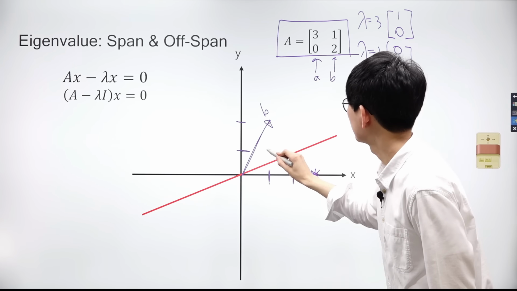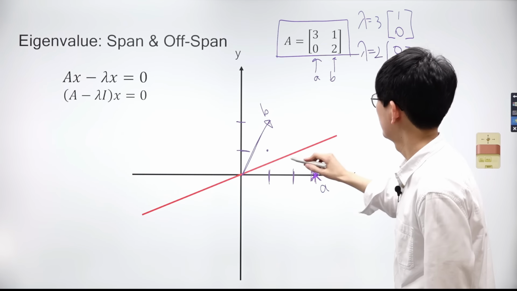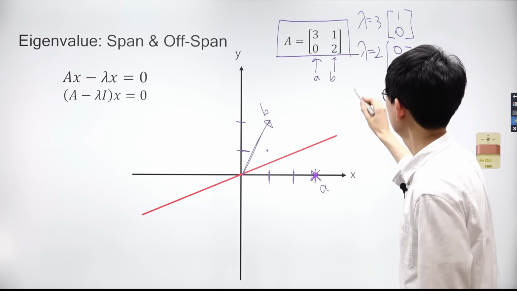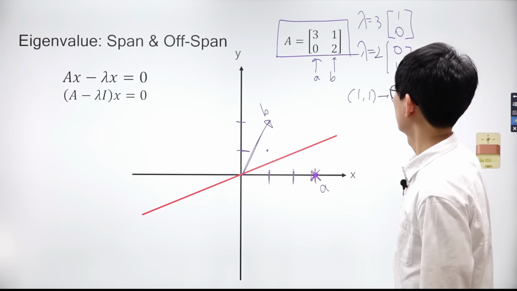For example, coordinates 1, 1 will be shifted to 4, 2. We can determine the new coordinates through matrix vector multiplication.